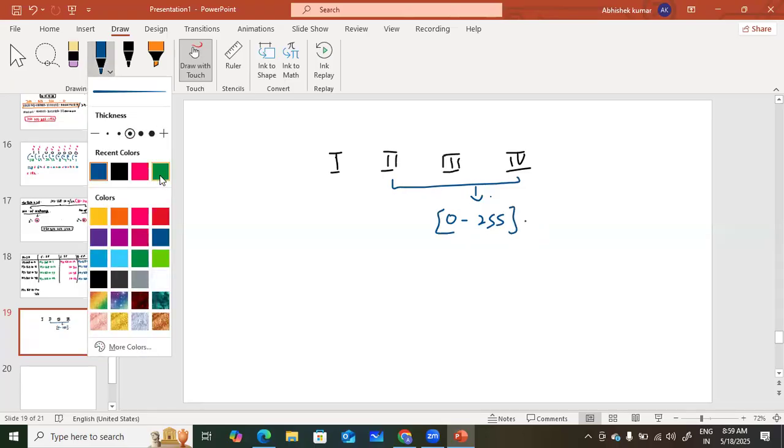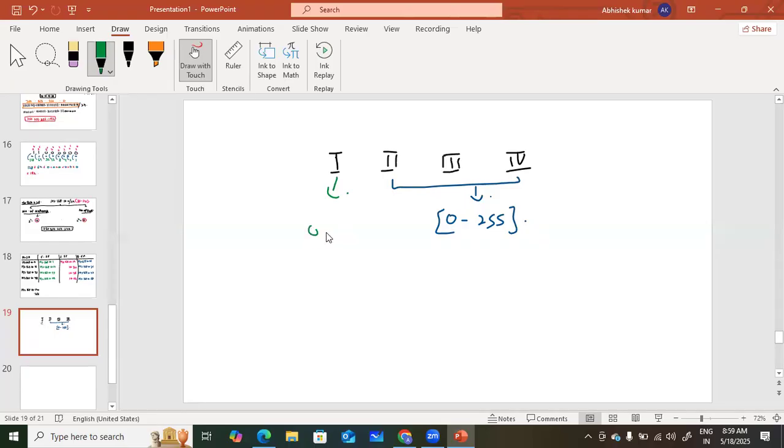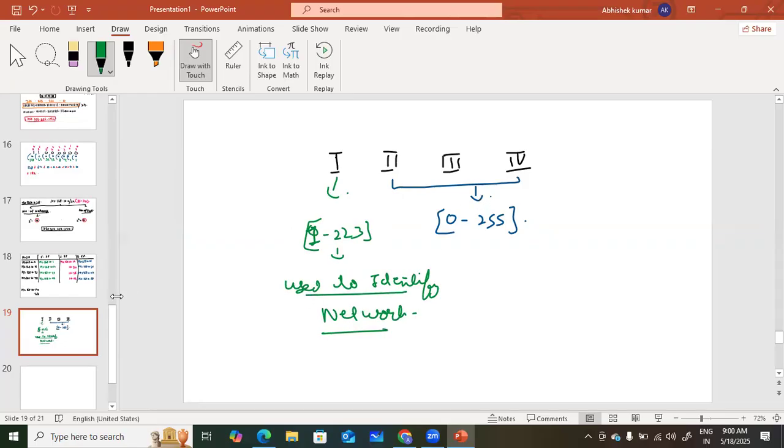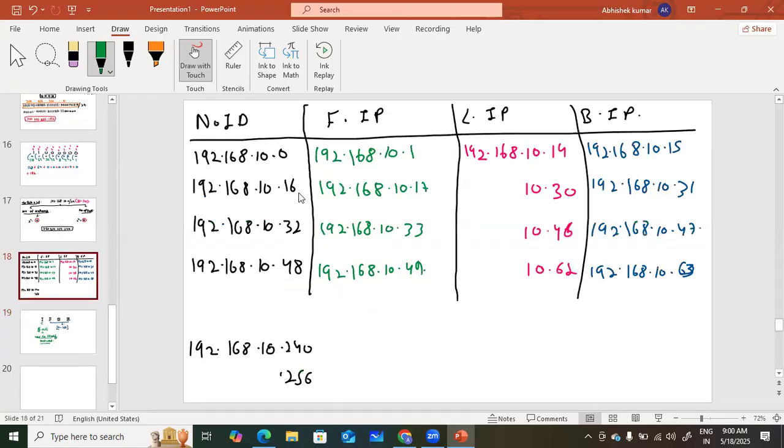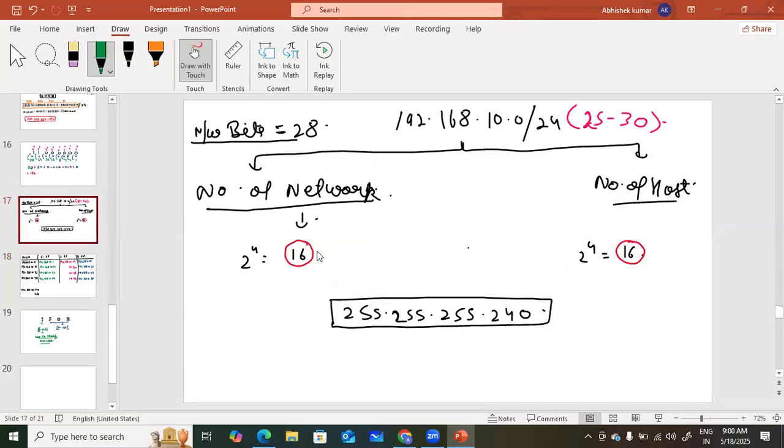And in case of the first octet, 1 to 223, because the first octet is used to identify the network. So in this case, we just have to stop there. When you count from 0 to 240, you will get all these 16 subnetworks.